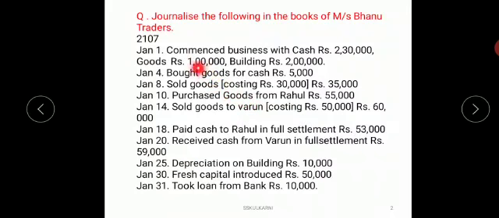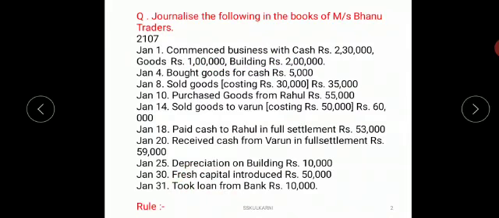Now, we are going to follow the same steps. First, assume ourselves to be Bhanu Traders. Then, we are assuming these transactions are going to be recorded in our own books. So, first, I will take each transaction, classify the assets, liabilities, expenses or capital and then apply the rules of debit and credit.